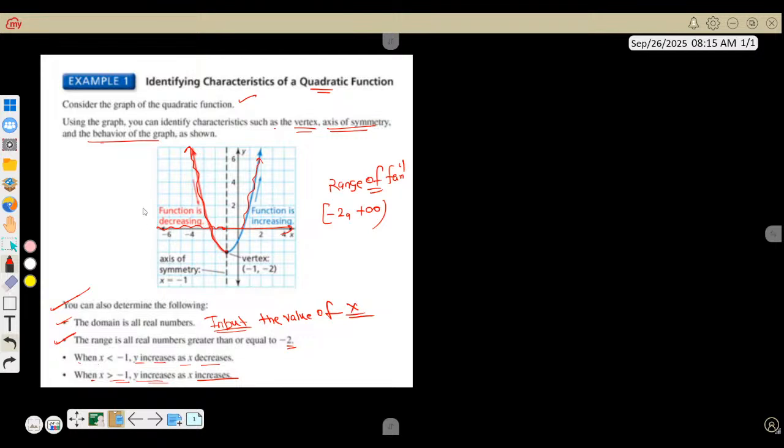It means in the left side the system is opposite, but in the right side the system is going parallel. If x increases, y increases. But in the left side, x is decreasing, but y is increasing. So this is decreasing, this is increasing, and this is increasing, this is also increasing. So you got it?